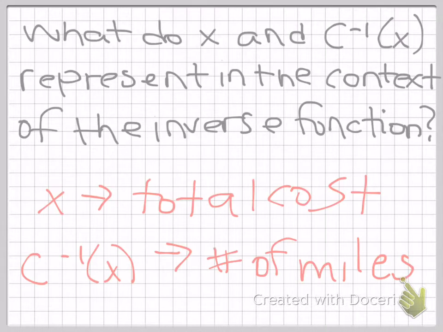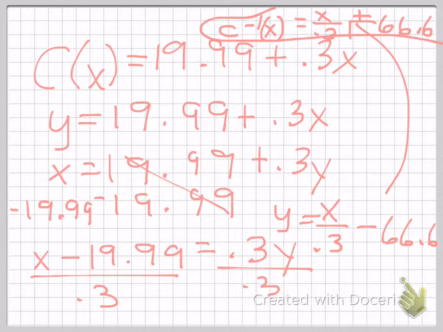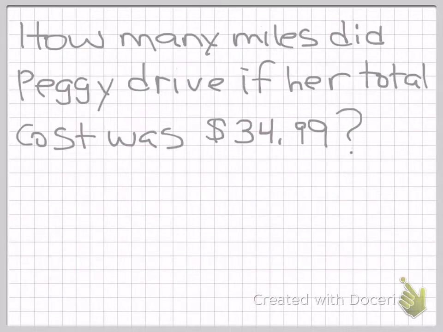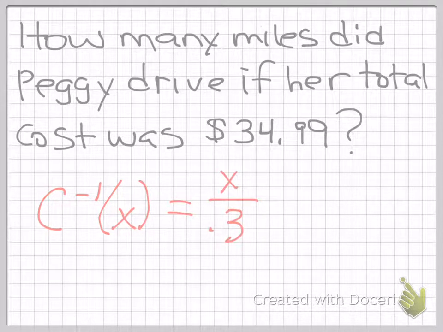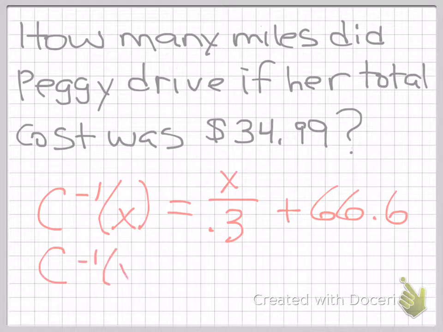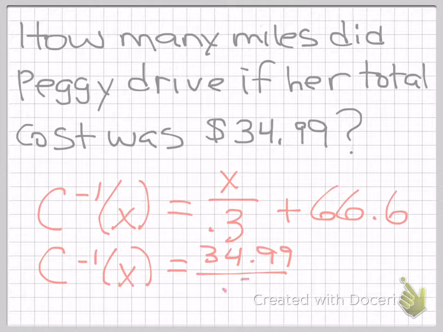This is the inverse function that I created. Since x now represents the total cost and c to the negative 1 of x now represents the number of miles, I'm going to plug in the cost for x and solve.